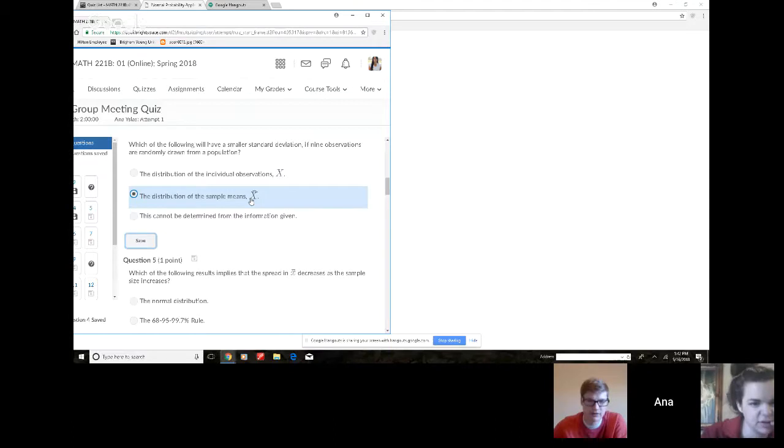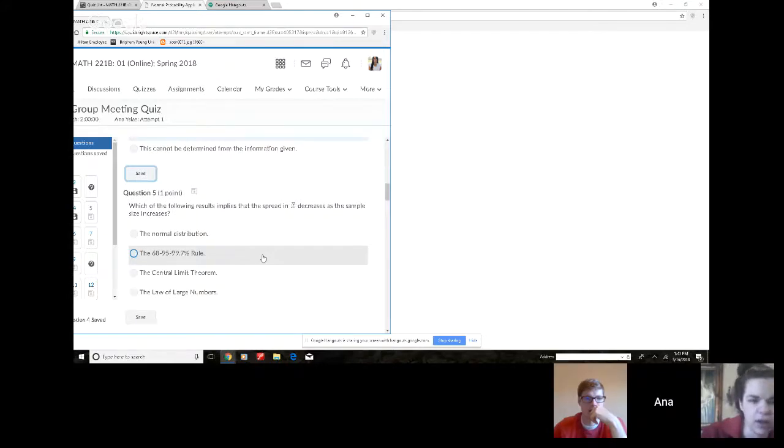The sample means. Population is a mu, like it looks like a U, and then the X with the line on top is the sample means. Okay.